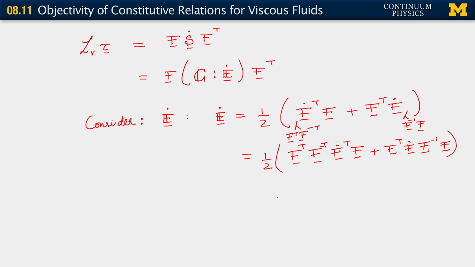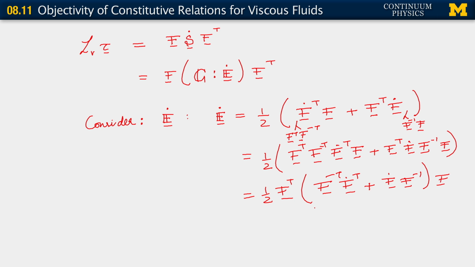All right. So this is 1/2 F transpose, F inverse transpose F dot transpose plus F dot F inverse F. Okay.